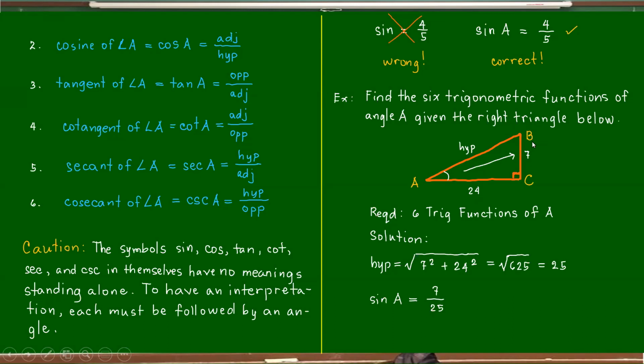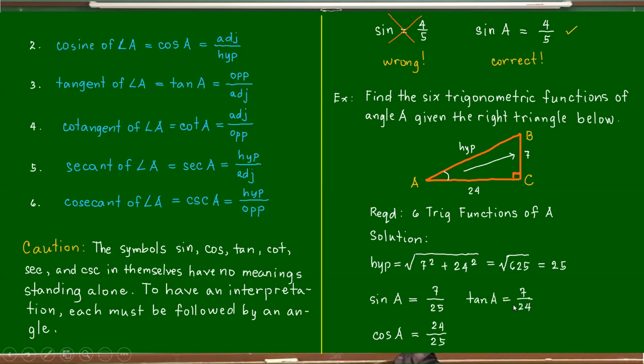So depending on the angle, I want the 6 trigonometric functions of A. It is also possible to be asked about the trigonometric functions of angle B, but let's stick to functions of A. So sine A equals opposite 7 over hypotenuse 25, so 7 over 25. What about cosine A? Cosine A is equal to adjacent over hypotenuse, so 24 over 25.